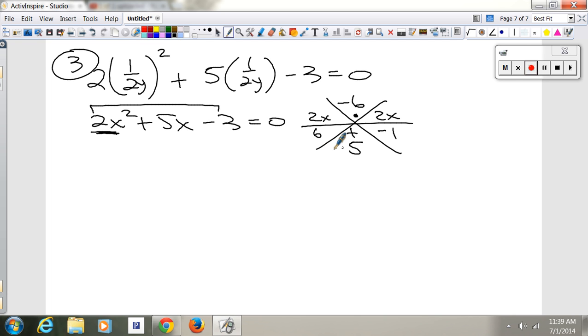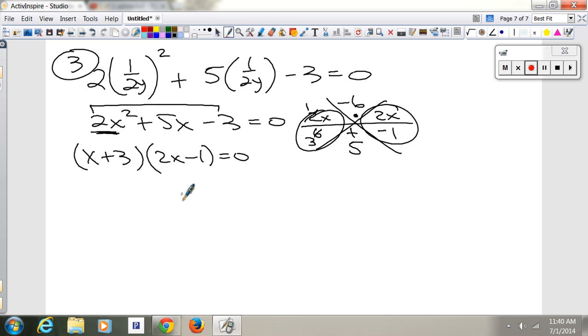The bigger one and the bottom one have to be the same sign. Now you can reduce the 2/6 fraction to 1/3. So this is one parentheses right there, x plus 3. Your second parentheses is right there, 2x minus 1. You can't reduce that. So those are your two parentheses.